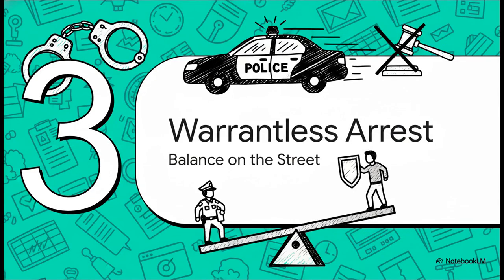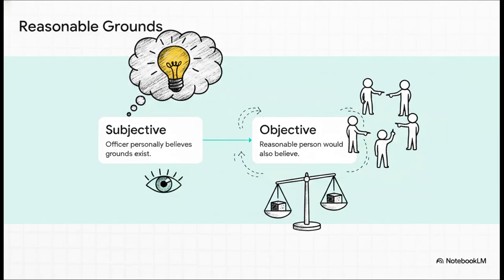Okay, Section 3, Arrest without a warrant and shifting the balance on the street. So what happens when police just don't have the time or the opportunity to get a judge's pre-authorization? To arrest someone without a warrant, an officer can't just act on a gut feeling or a hunch. They absolutely must satisfy a strict two-part test for reasonable grounds to believe an offense has occurred.